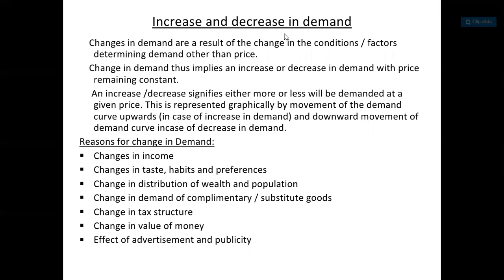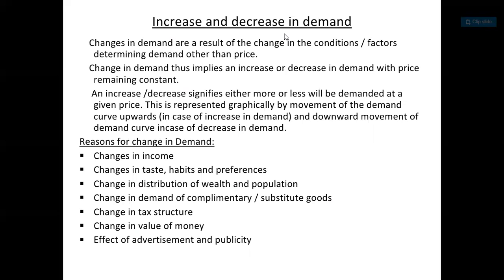Then decrease in demand refers to a fall in the demand for a commodity caused by any factor other than the own price of the commodity. In this case, demand falls at the same price, or demand remains the same even at a lower price. It leads to a leftward shift in the demand curve.